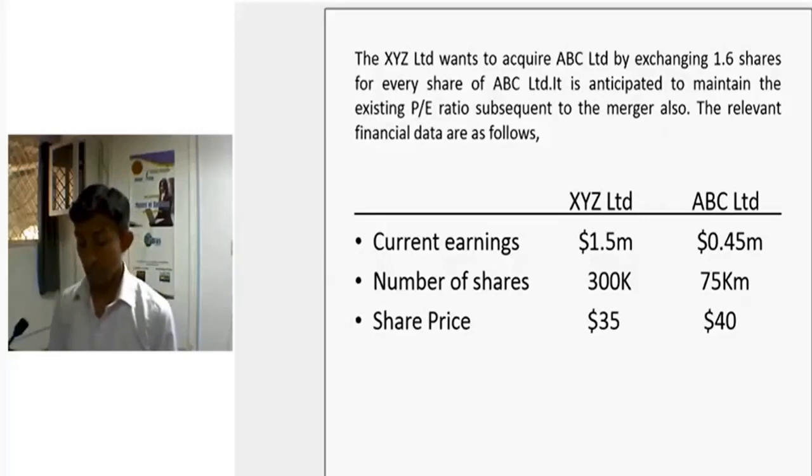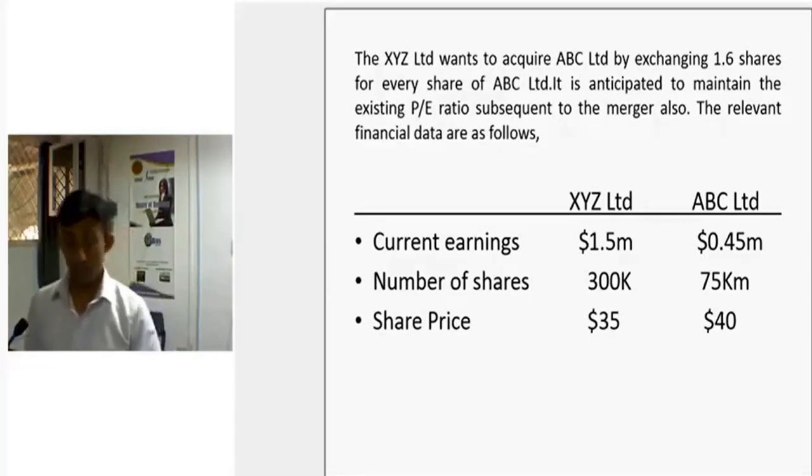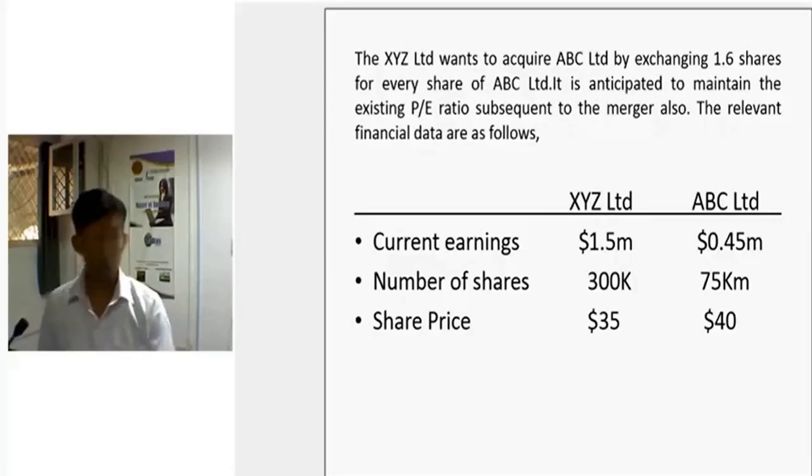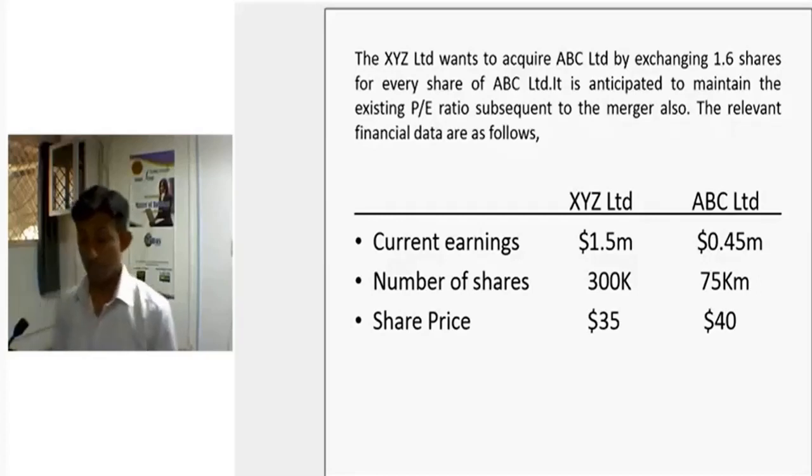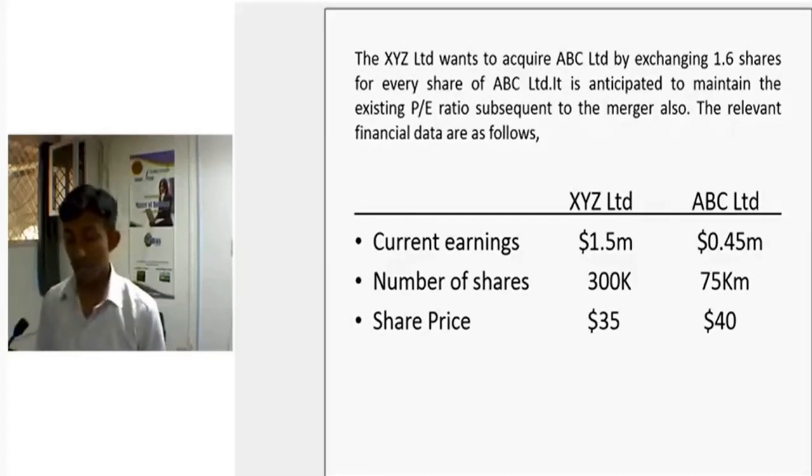If I just take you through this question, there are two companies called XYZ and ABC, and XYZ Limited wants to acquire ABC Limited. One company wants to acquire the other company, and there's an exchange of 1.6 shares for every share of ABC.